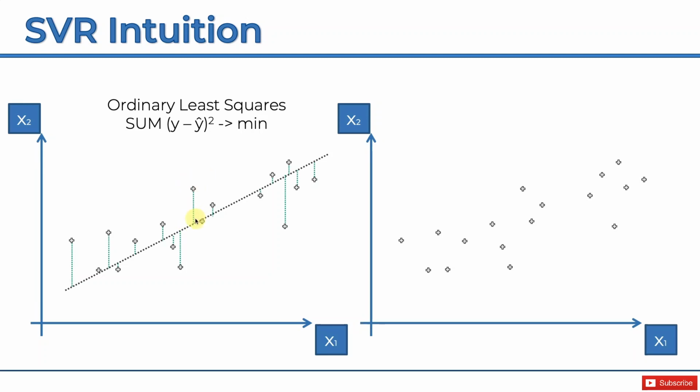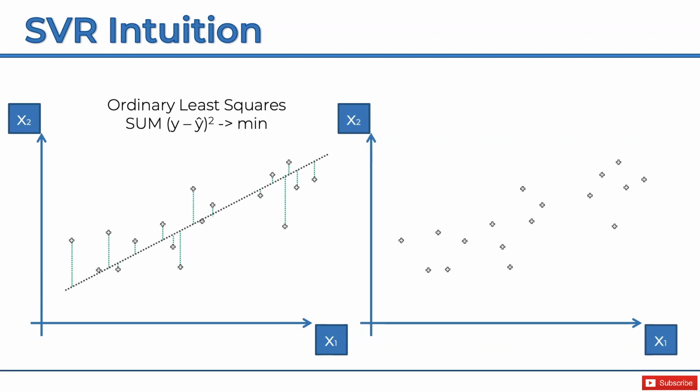We take the difference here or difference here, we square it, and we want to minimize that. That's the ordinary least squares method. Essentially what we're doing is minimizing the error. We want to have a line with the minimum error possible. So that's the intuition behind a simple linear regression, something we already talked about.